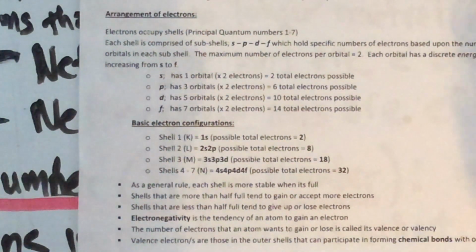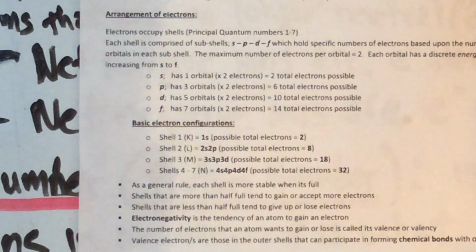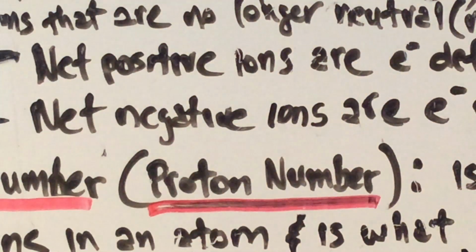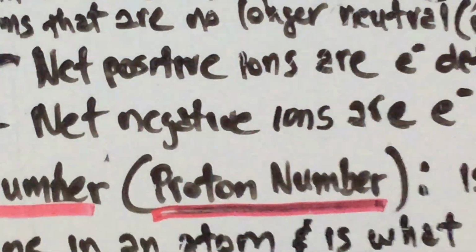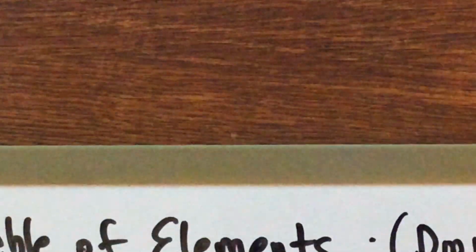Okay, so let's move this out of the way, and then let's take this board away and substitute it with the next board, which is all about the periodic table of elements.